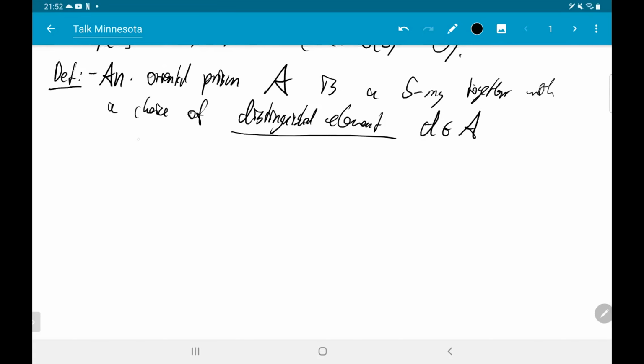It means two things. First of all, A is d-complete, so it needs to be complete not just with respect to p, but also with respect to d. And the other thing, the more important thing, is that delta of d is a unit.